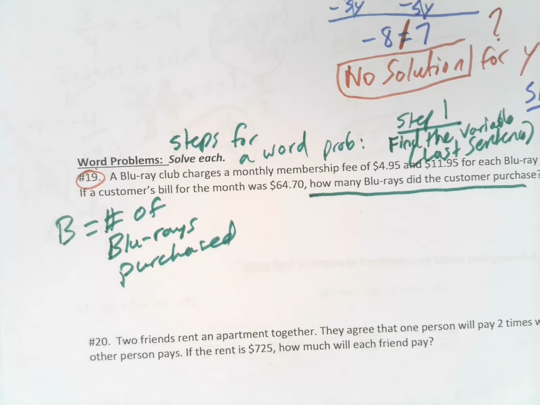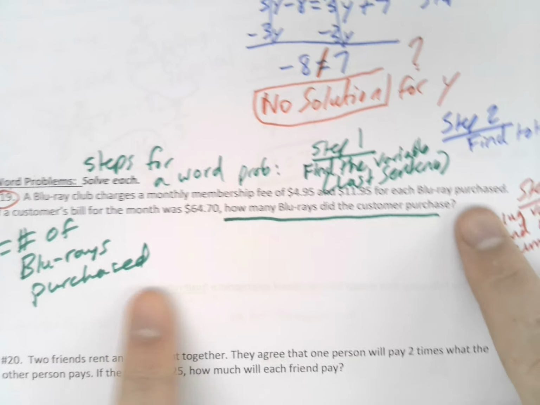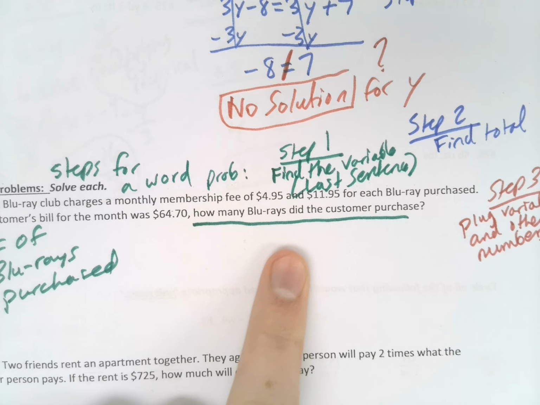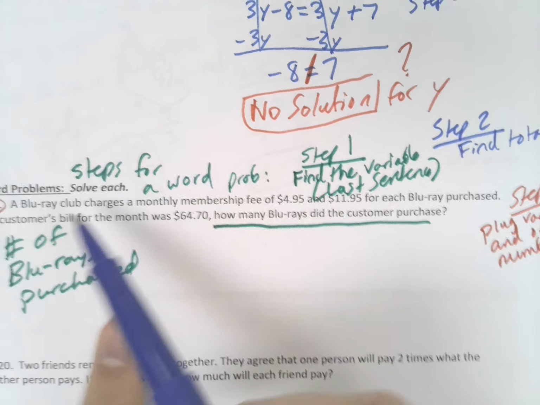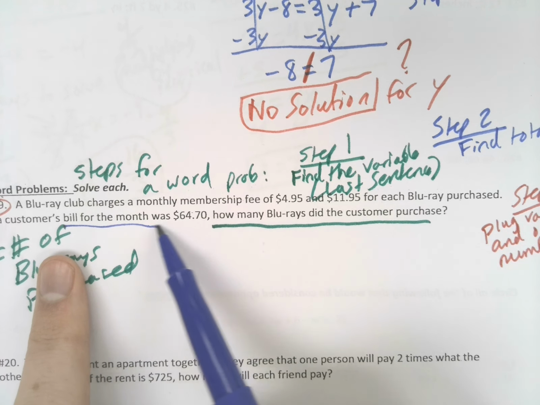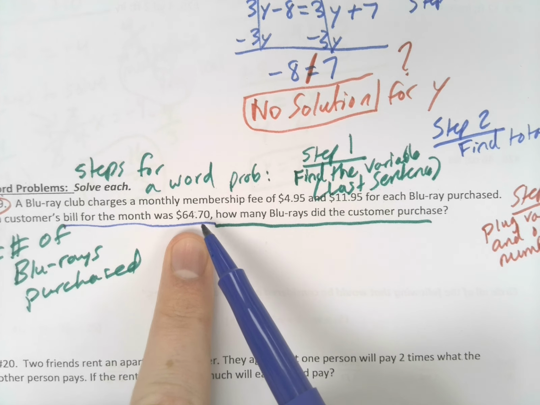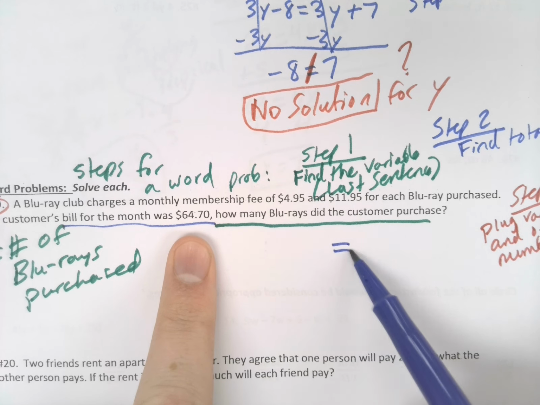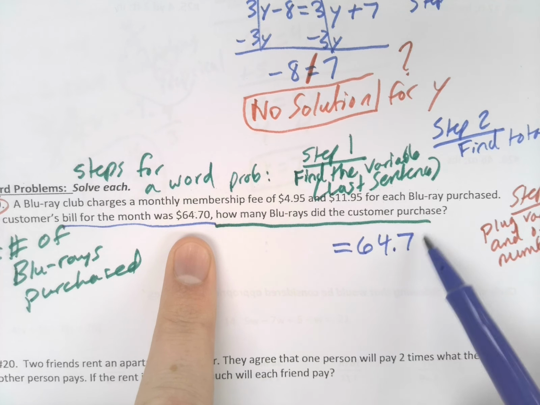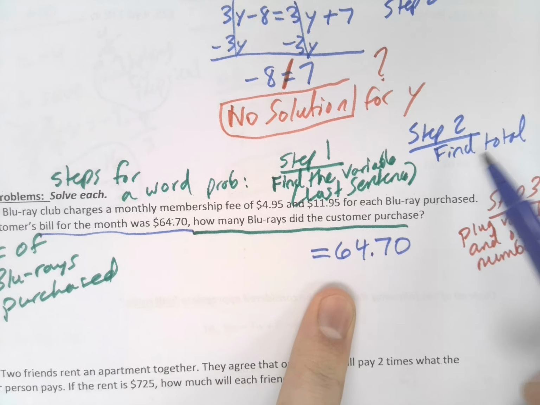So there's our variable. There's step 1. Step 2. If the customer's bill for the month was $64.70, boom, everything's going to add to be $64.70. There's our total.